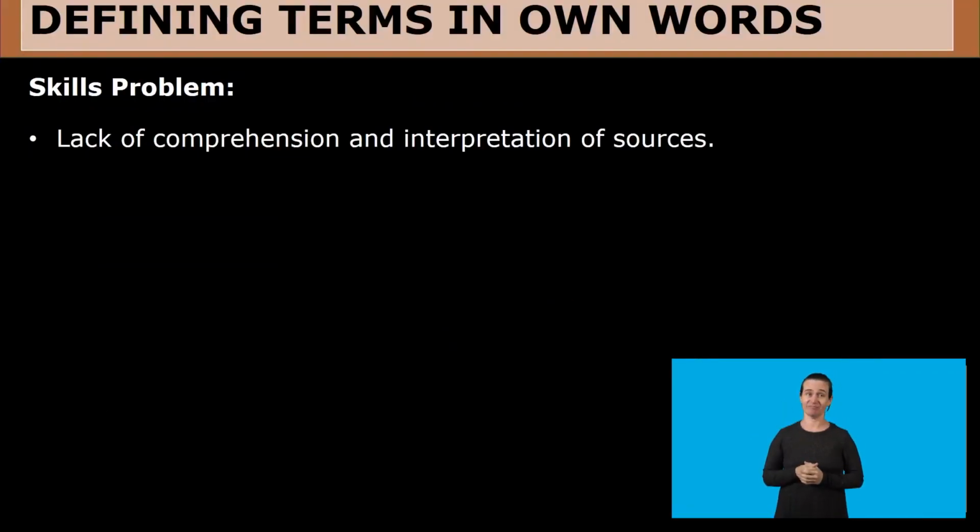I've already told you that the skills problem is the lack of comprehension of those terms and interpretation of sources. Because if you do not comprehend the terms or the historical concepts, that means you will not be able to interpret sources. And remember, in history we have different types of questions.